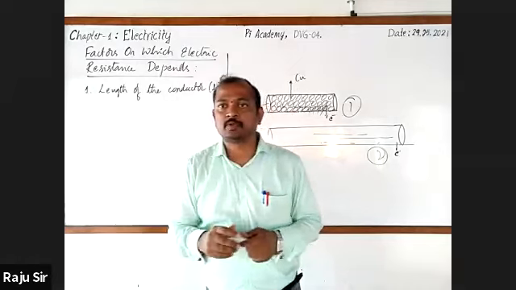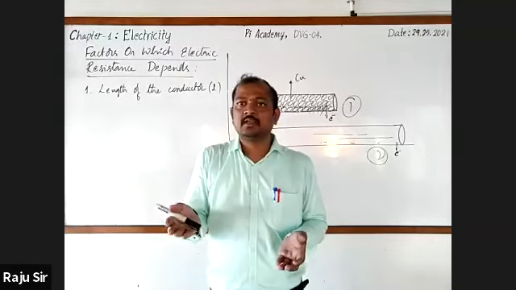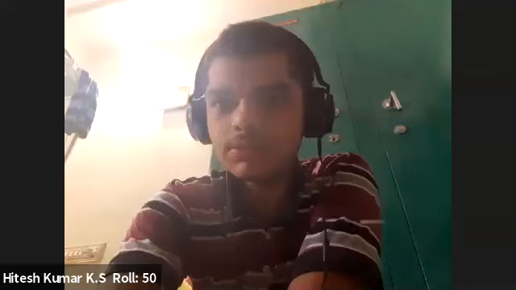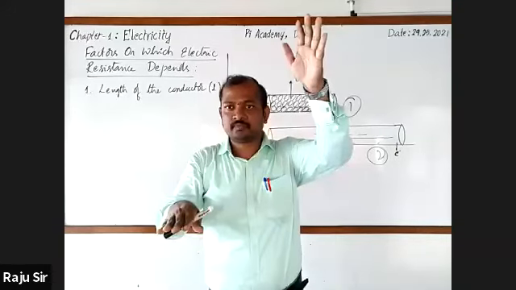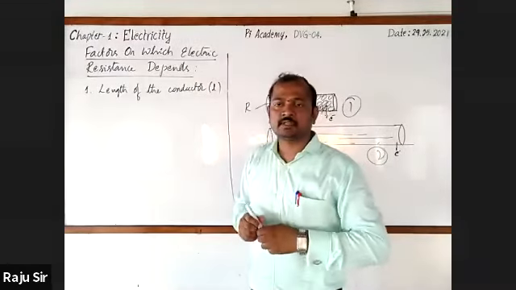Now, a simple question. What happens to the electric resistance of the conductor as the length increases? Resistance also increases. As the length decreases, resistance also decreases. Then what is the relationship between resistance and length of the conductor?